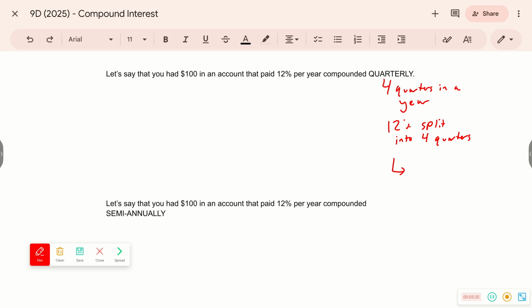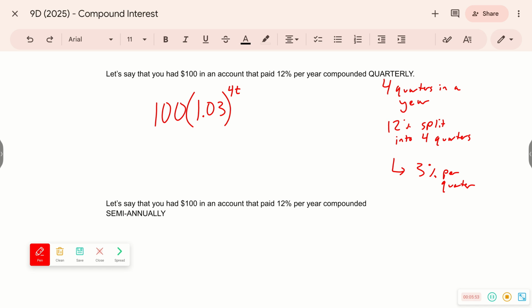So what we're really getting is 3% per quarter, because 12 divided by 4 is 3. Our A value is still the same, we still have 100. Now we're gaining 3% per quarter, so we multiply by 1.03. There are 4 quarters in a year, so we're going to multiply 4 times our t right there.